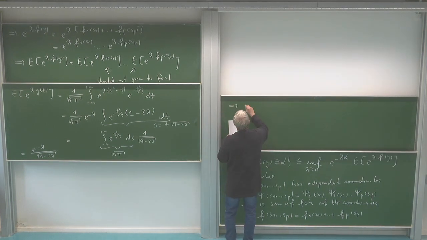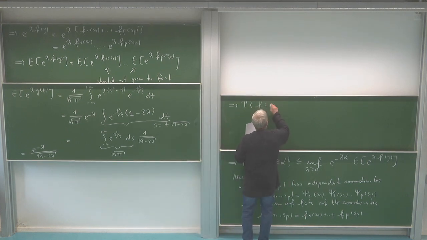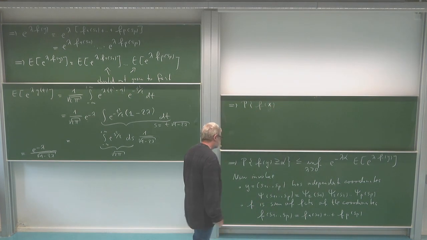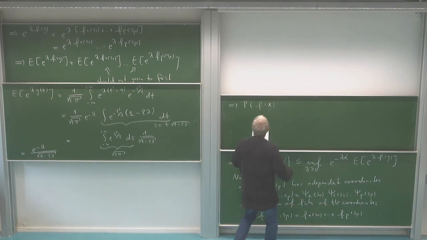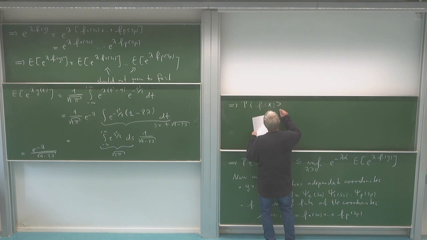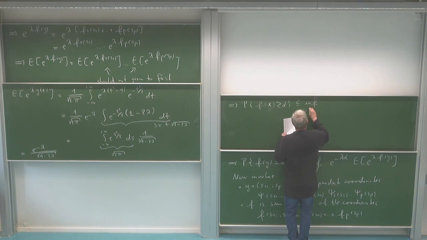So what we have is the probability that our f of y, no, actually now it's this x here. So for this specific situation here, bigger than alpha, this is less than the infimum over lambda.